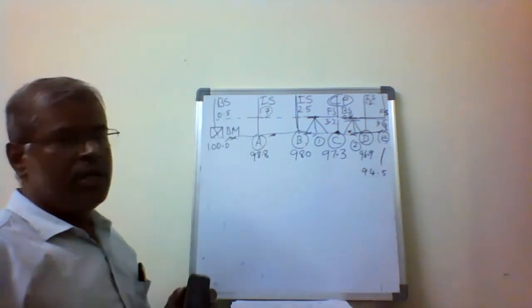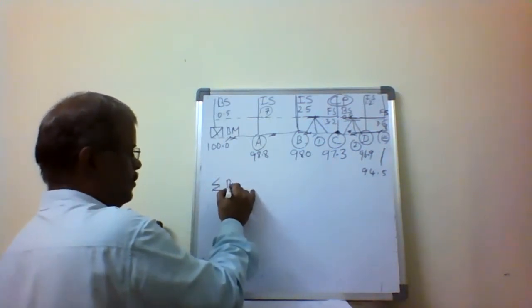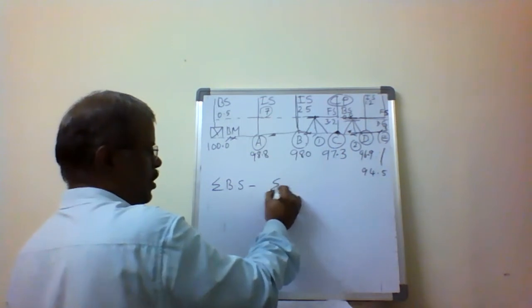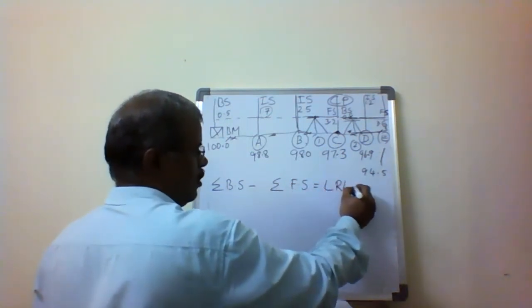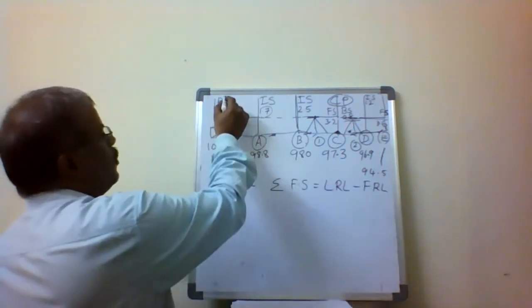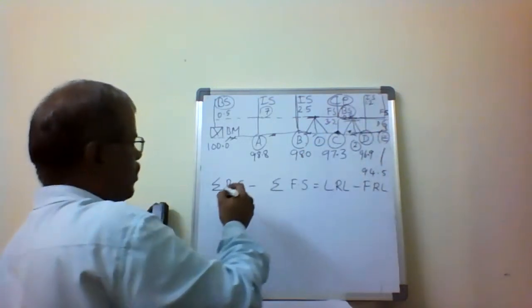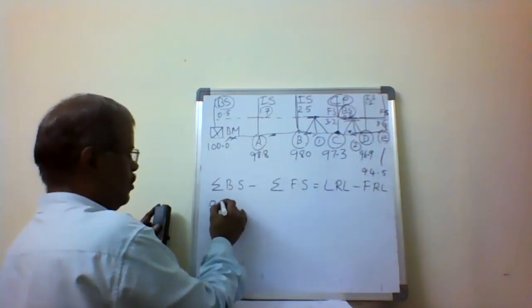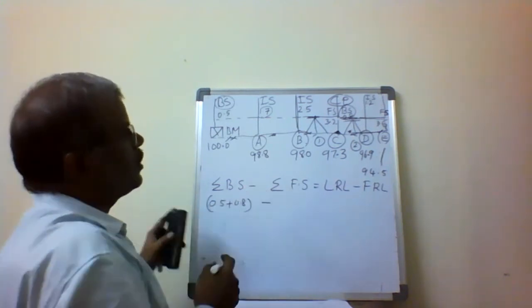Now I have to apply the check to see whether I did it correctly. Sigma BS minus sigma FS equals last RL minus first RL. Sigma BS: one BS is there and one more BS is here, so 0.5 plus 0.8, minus the foresights.